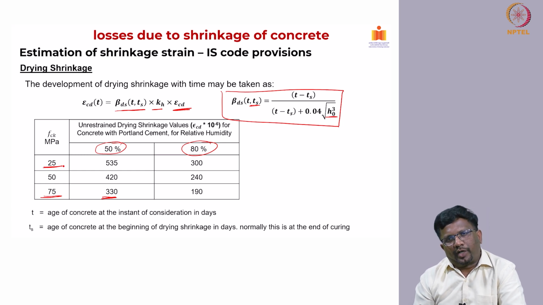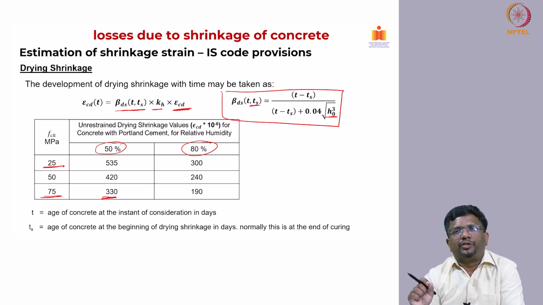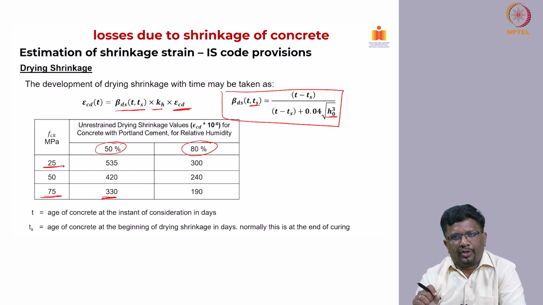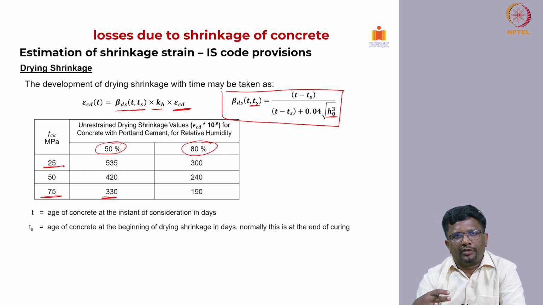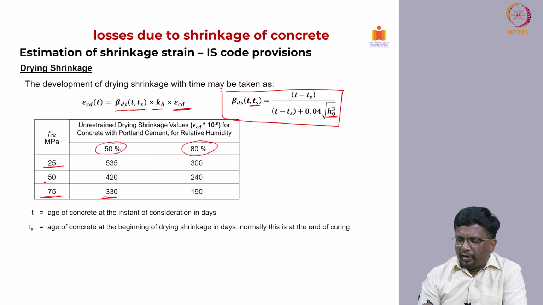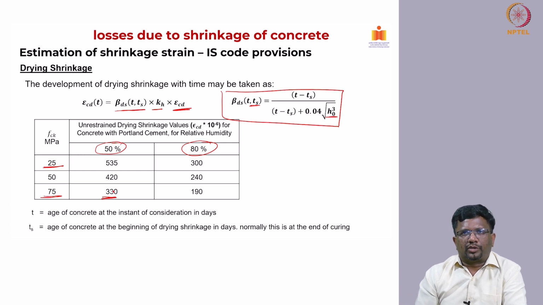Here again, what we are assuming is that when you are using high strength concrete, the water cement ratio is going to be lower. So when you have a lower water cement ratio, the free water available for escaping will be less. Because of that only, drying shrinkage values for high strength concrete in the code are taken to be lower compared to that of low strength concrete.